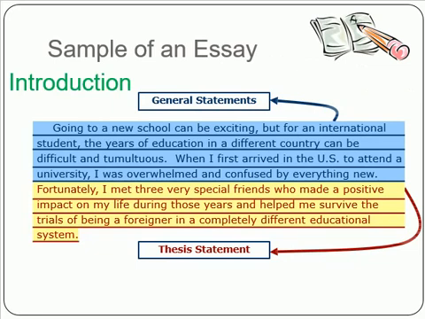So here is another example, a complete example. I am going to provide you the introduction, general statements, and then the thesis statement. You can look at that and you will get a very good idea of how general statements are produced and how the thesis statement is furnished.